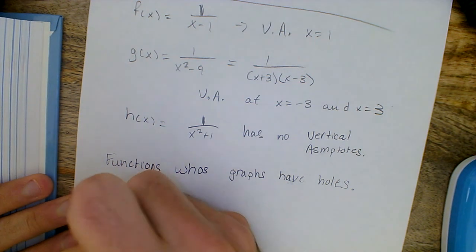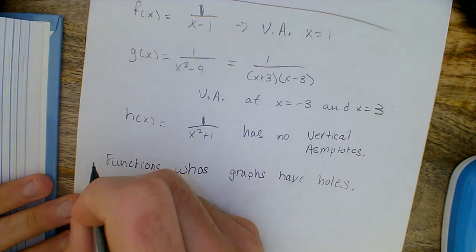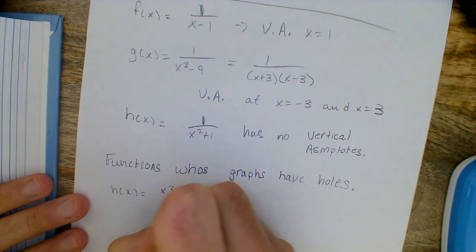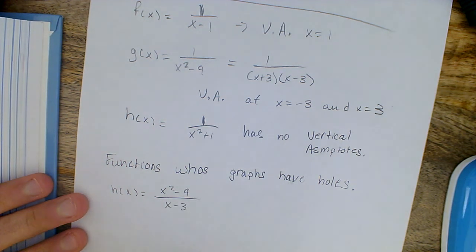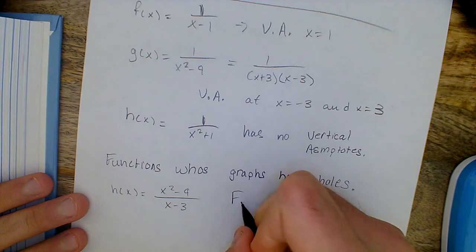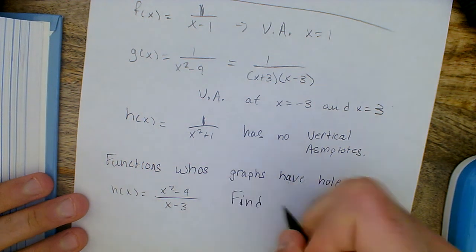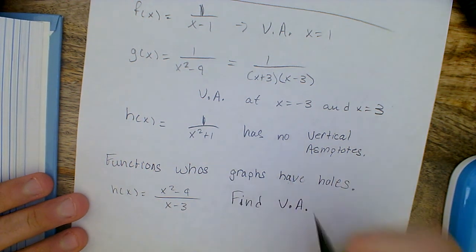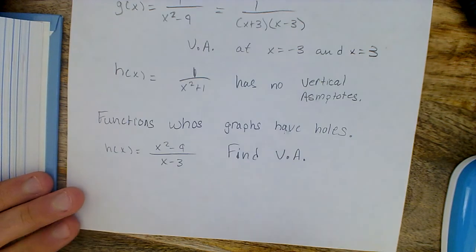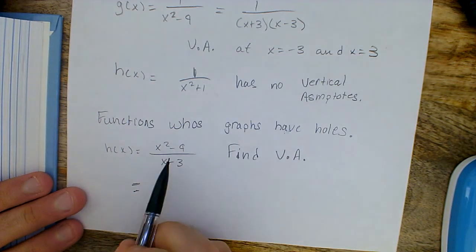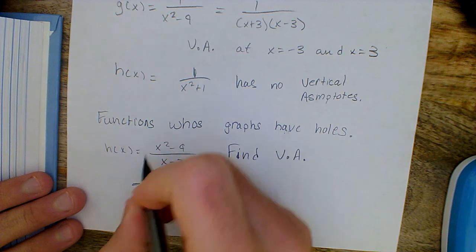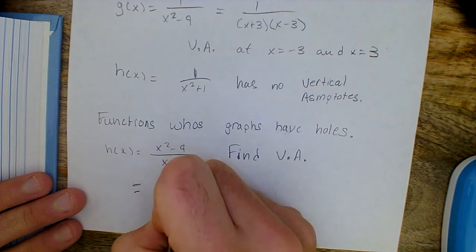Okay, so the first example is, let's say we had h of x equal to x squared minus 9 divided by x minus 3. If they wanted you to find the vertical asymptotes, then you first would have to check if there's any common factors. So I would factor this.